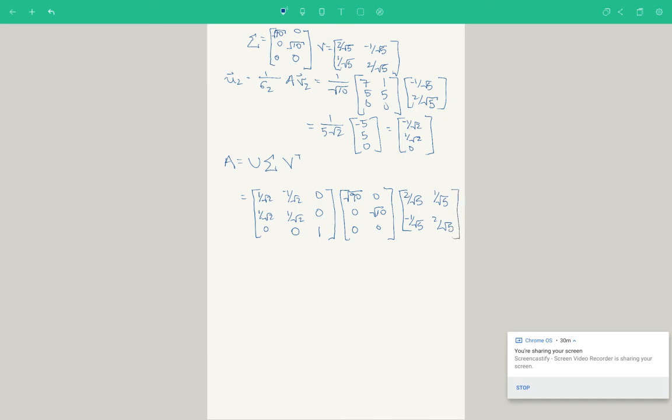So to recap, if we want to factorize into singular value decomposition, what we do is we find the eigenvalues of A transpose A, which is a symmetric matrix, so it's going to be square. And we find the corresponding orthonormal eigenvector set, which we know exists because A transpose A is symmetric.